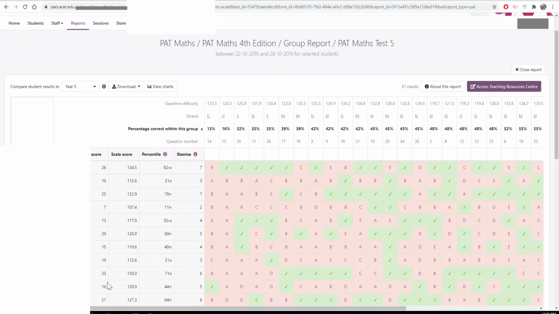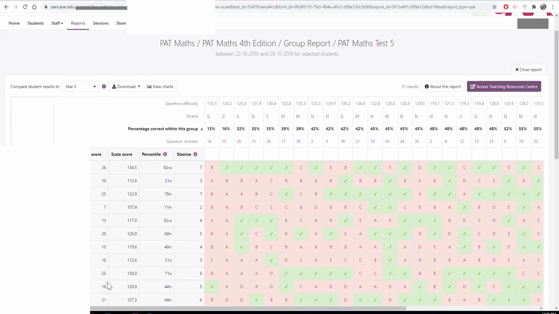I know for a fact one of these year 5s got 100%. They got a Stay 9 for test 6. They weren't even given test 5. They're that good. And I want to include that student when I'm starting to think about the class as a whole. That's obviously a student that's going to need some differentiation.